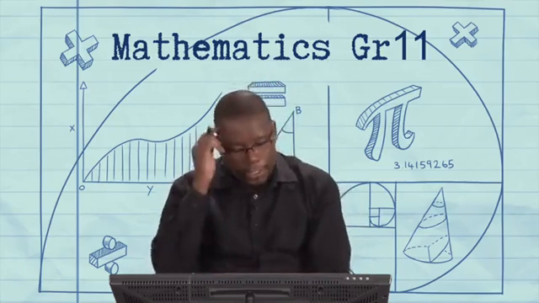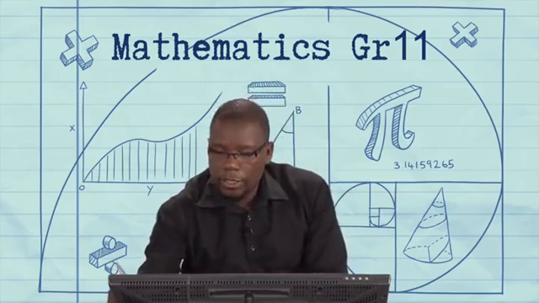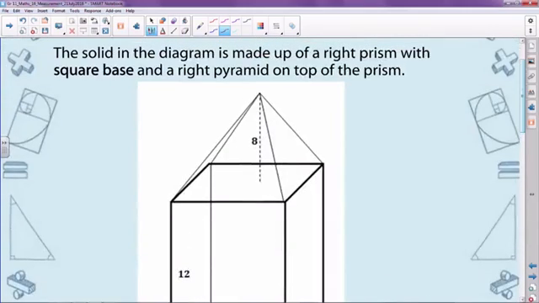Right, let's check, guys. The total surface area, now we're talking about this top part, and we know that the surface area of the top, so your SA is half base times your slant height. So we know that the base is 6 times the slant height will be your 8.54.